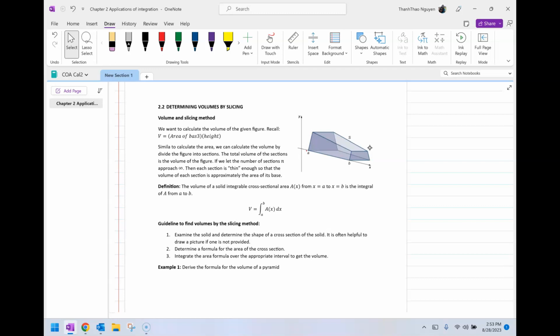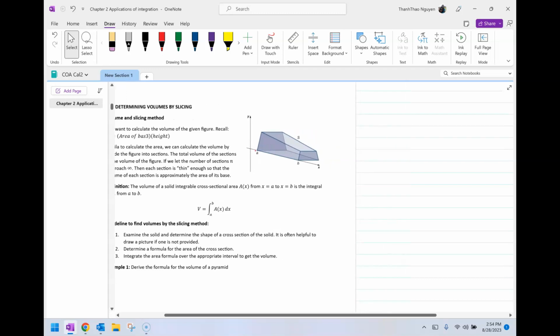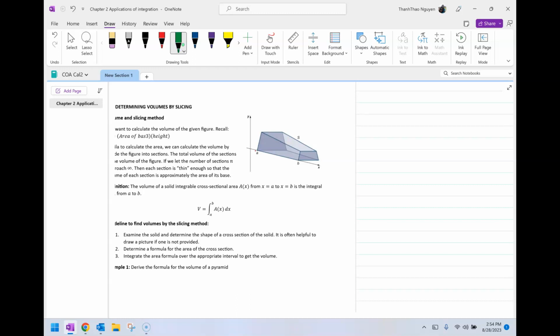We use a similar idea here with the volume. To calculate the volume, we split the figure into small regions. Let's say you have a box of some sort.